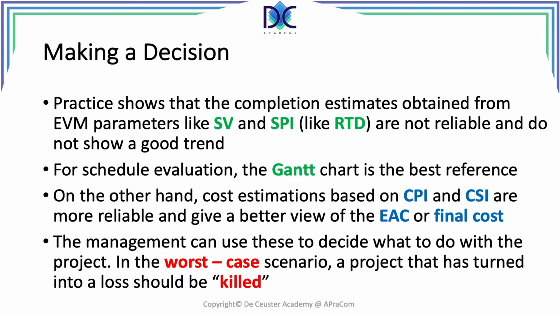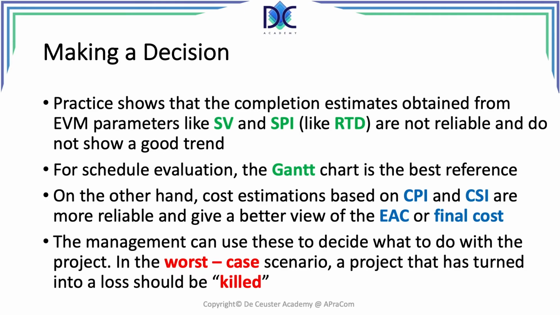So the management, the project manager, the sponsors, and the people involved in the decision making related to the project can use these parameters, this cost, to verify if it's still compliant with the business case. Are we still making a profit? Is our timing, our schedule delay, eventually a possible problem? Yes or no?